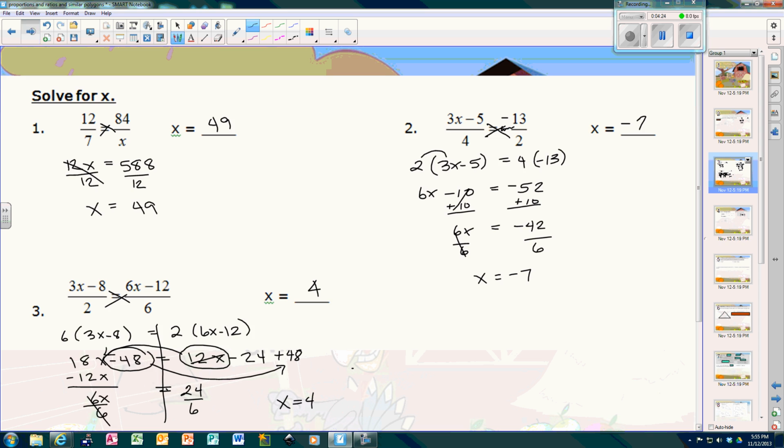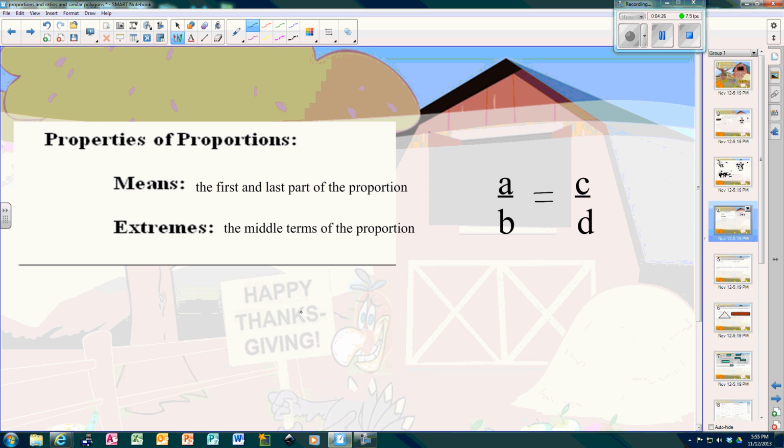All right, so now there are parts of a proportion. You have your means and your extremes. The extremes are the first and last parts. For example, A is the first part. D is your last part.